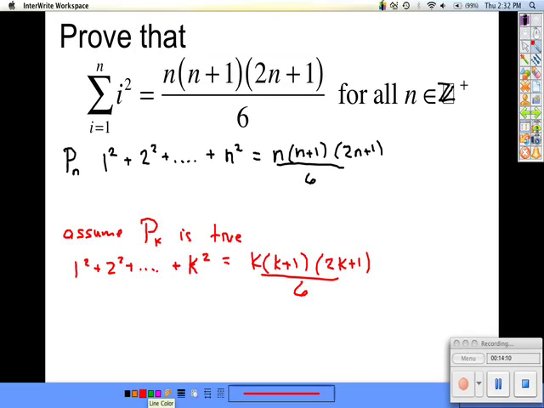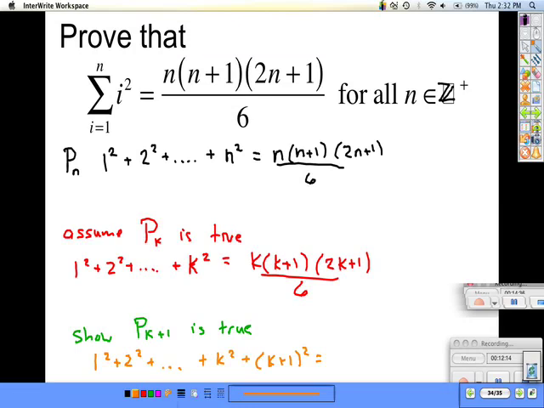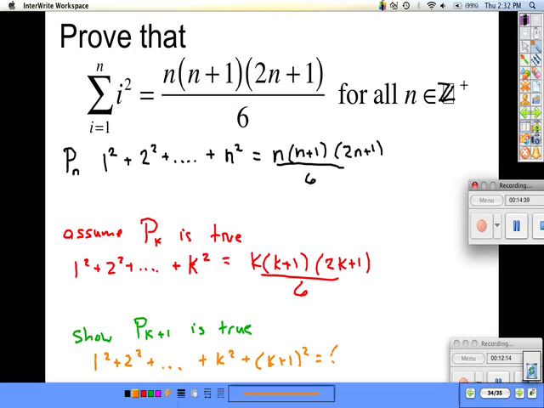And now we need to show pk plus 1 is true, which written out would be 1 squared plus 2 squared plus yada yada yada plus k squared plus k plus 1 squared. We're trying to show that that is equal to k plus 1 times k plus 2 times 2k plus 3 all divided by 6. I'm putting k plus 1s wherever there's a k.